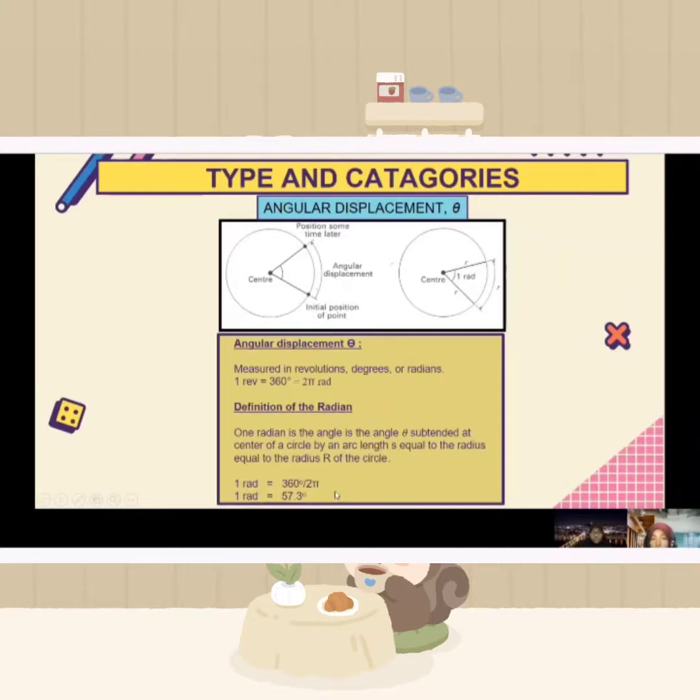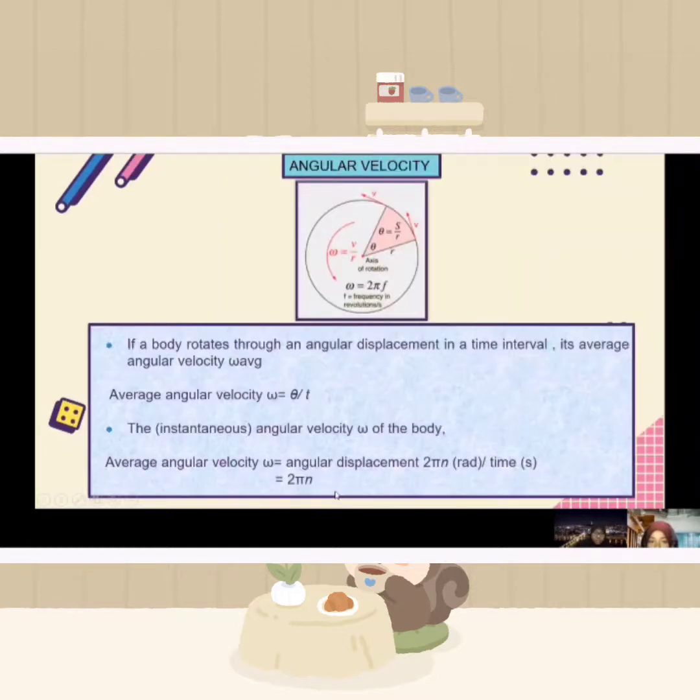Next, angular velocity. If a body rotates through an angular displacement in a time interval, its average angular velocity omega equals theta per time.